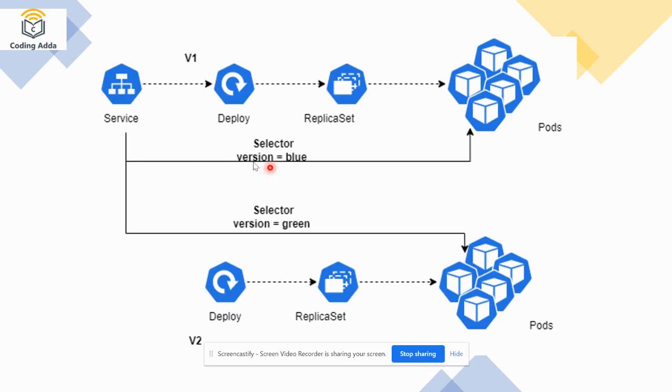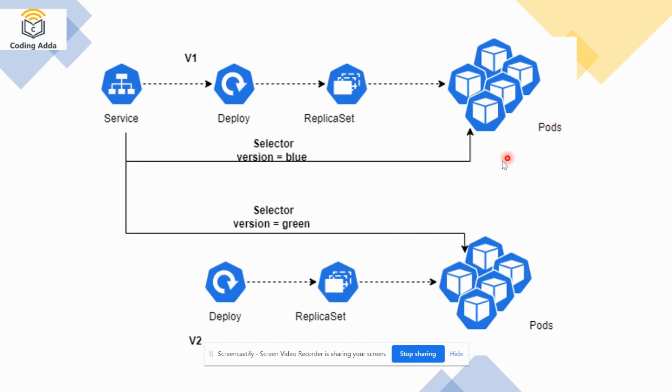So in that sense, we have a strategy called blue-green strategy, where we deploy the exact similar replica set of your production. Whatever deployment is running, we deploy the same deployment stack, right?